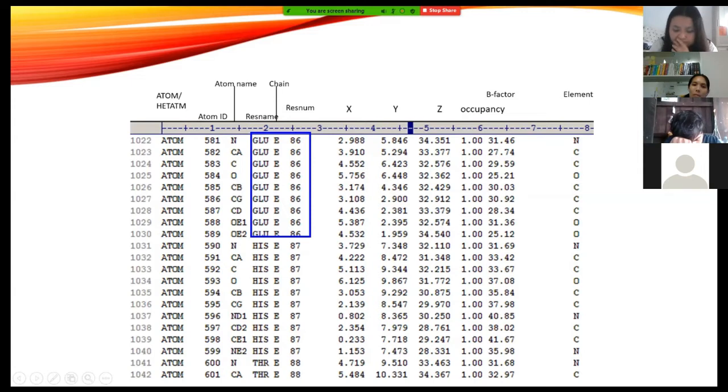And this column is called residue name. This one groups the atoms together into these residues called glutamate. Glutamate has chain E, and this is the residue number. And then it is followed by X, Y, Z coordinates and other terms, which will be covered when we talk about the X-ray structure if we have a chance.